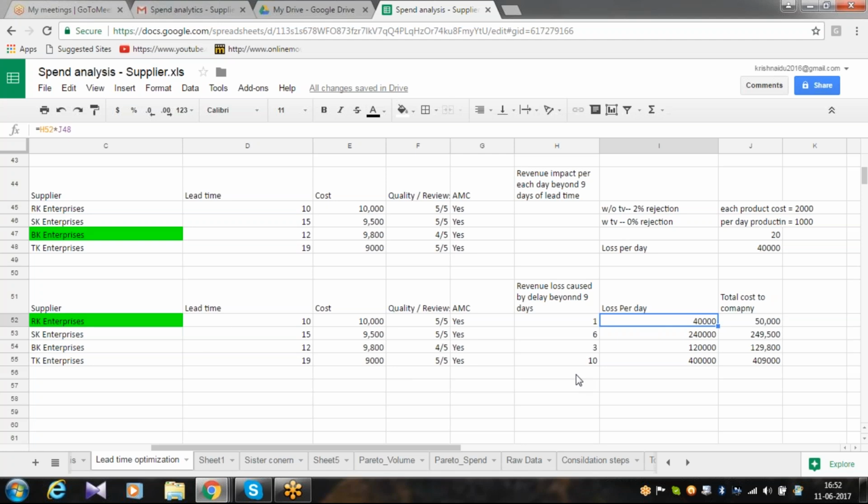For an order value of 1 crore, are you ready to buy a product of 9,000 rupees which creates a risk of losing a customer order? So here the loss per day I've mentioned in different terms, but in a real-time scenario, the loss per day will be customer orders. How many orders will you lose just because of buying a product from a supplier whose lead time is high but cost is less?